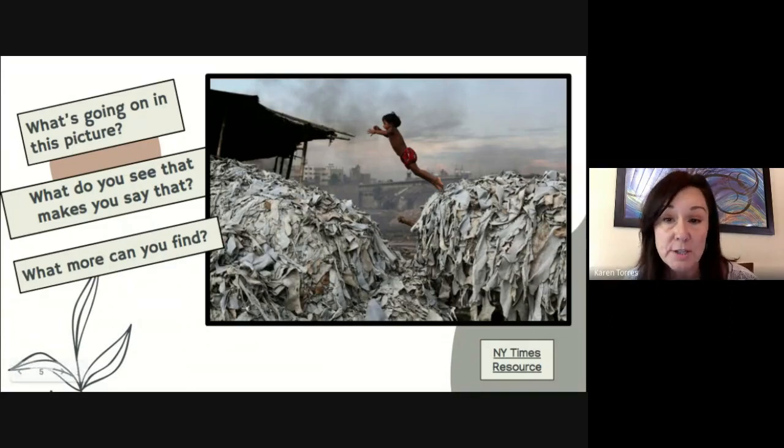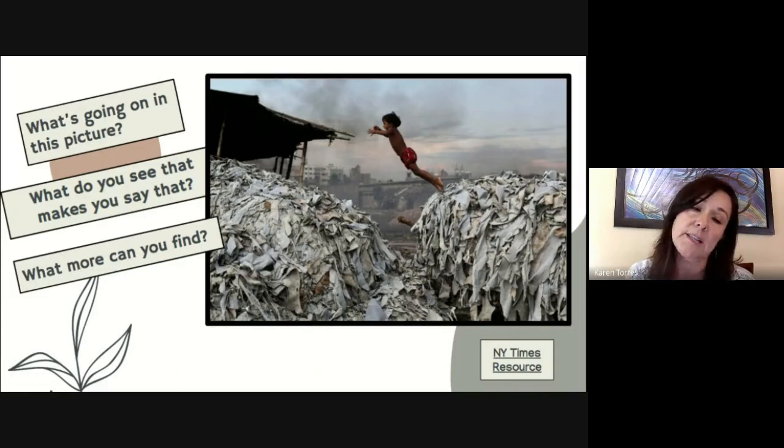Luxury leather goods are sold across the world and are produced in the slum areas of Bangladesh's capital, where workers, including children, are exposed to hazardous chemicals and are often injured in horrific accidents, according to a study that was released on October 9th. The photographer who took this picture also reported that the little girl jumping from one pile to the other is a child of one of the workers.